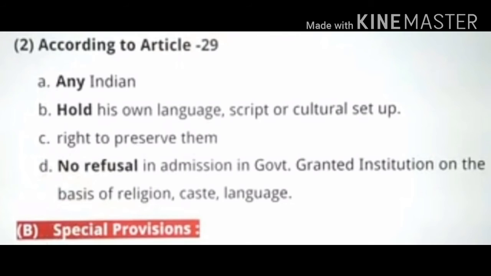Second is according to Article 29. Any Indian holding his own language, script, or cultural setup has the right to preserve them, with no refusal in admission to a government granted institution on the basis of religion, caste, language.